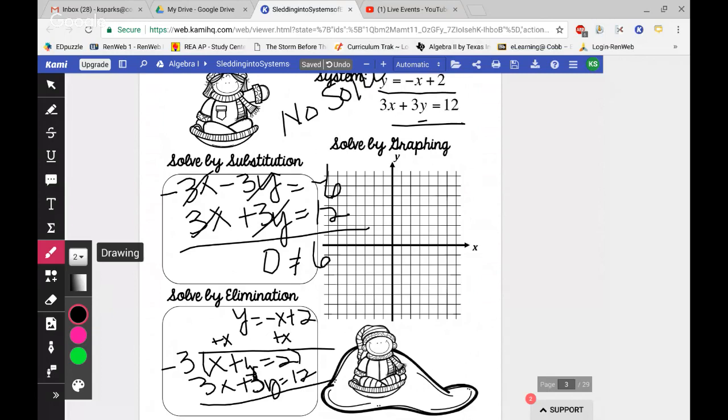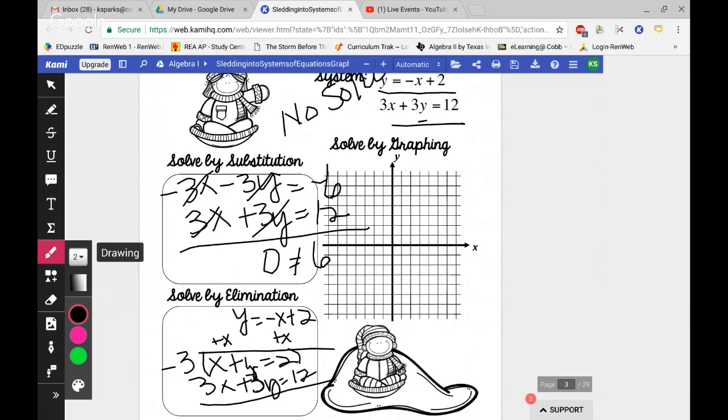I'm sorry? So you wouldn't multiply the 3x plus 3y equals 12 by 3? You mean for elimination? Yes. No, because the whole point of elimination is trying to make 2 of the coefficients the same or opposites, so they'll eliminate.